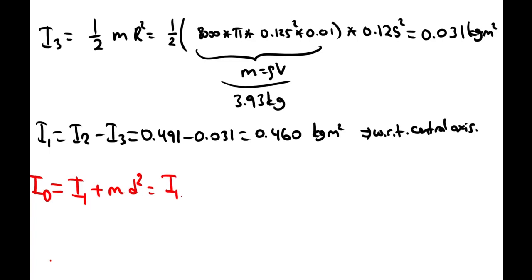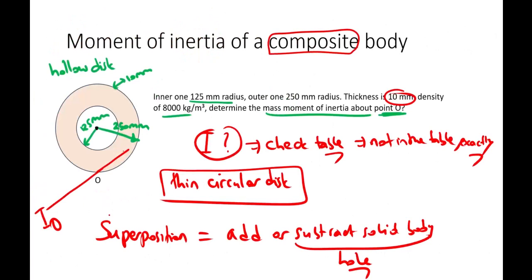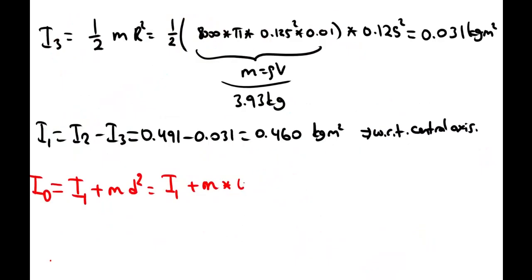The distance from here to there is 0.25. Okay, this m, you have to be careful, is the mass of the hollow cylinder.